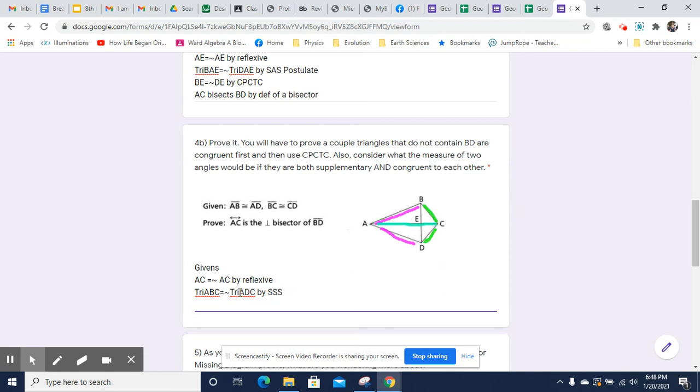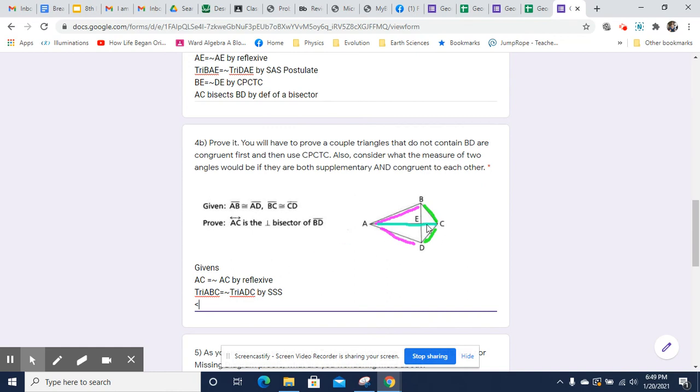Now, once we've done that, we could either prove that these two little triangles are congruent or these two little triangles are congruent. Doesn't really matter which, because what we now know is that this angle and this angle are congruent. I could do BAE and DAE, or BCE and DCE.